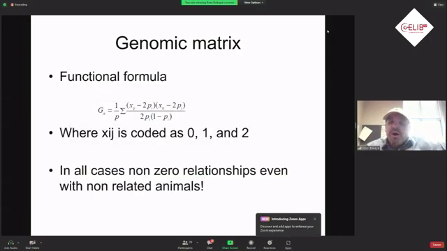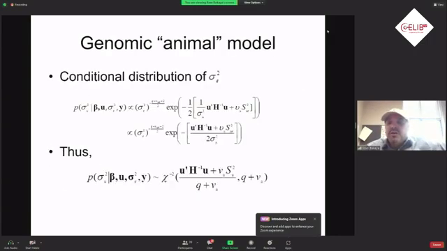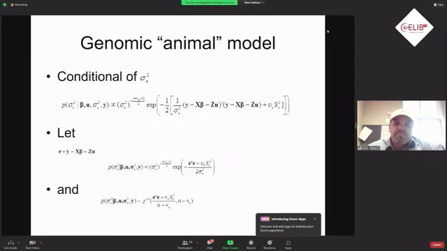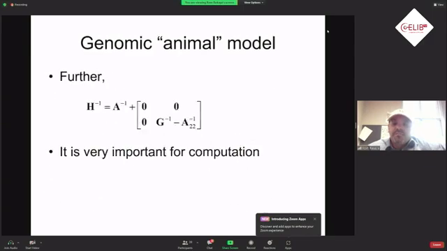And that's one of the major bottlenecks we are facing right now in implementation of genomic selection using this genomic animal model: how to generate this matrix H.